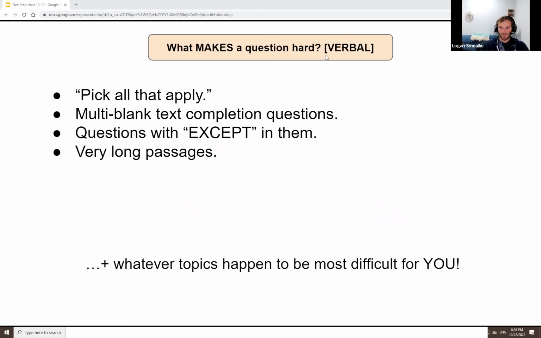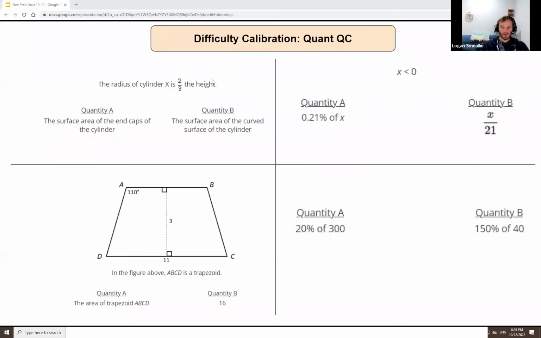But here are 4 quant questions, and they all follow a certain format. And if you haven't seen the format before, let me quickly go through it. It's called quantitative comparison. And your job in these questions is to figure out between these four options for all of these.